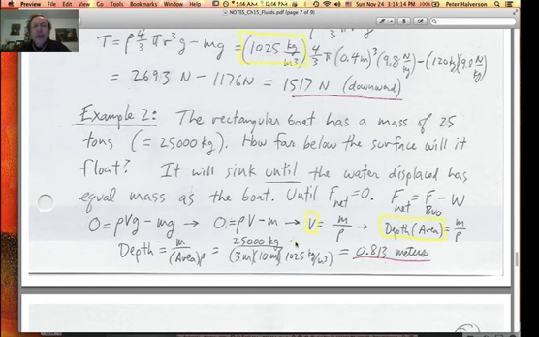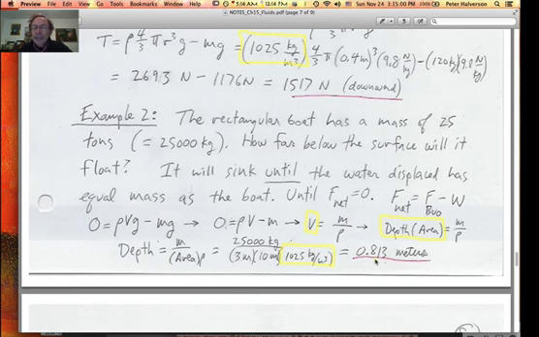Since we just talked about seawater being more dense, it's interesting to see that if that same boat were to go from ocean water, which has a density of 1,025 kilograms per cubic meter, to fresh water, like a lake, where the density is much closer to 1,000, then this denominator here is going to be smaller, and so the boat will sink a little bit deeper into the fresh water than it does out on the ocean.